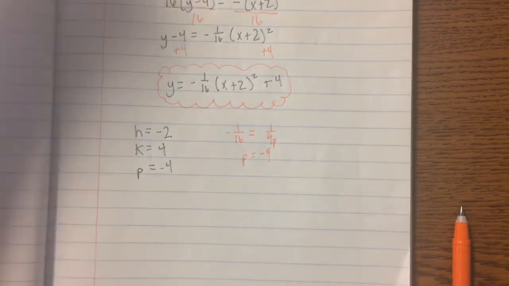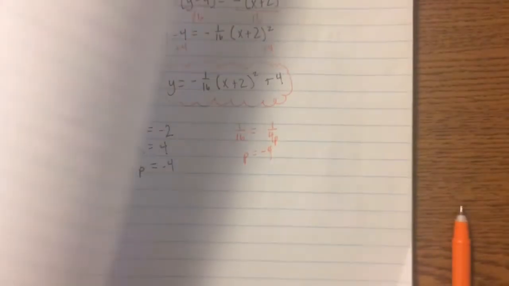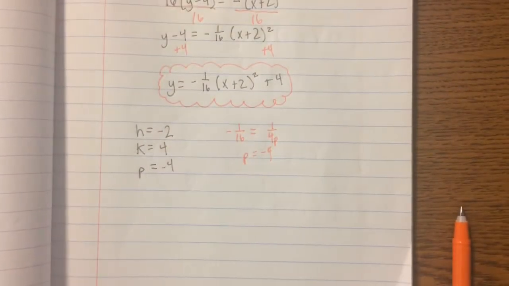Let me make sure I wrote it correctly. So how do I know which way the directrix goes, vertical or horizontal? So we have a negative where p was, so wouldn't it be going down? Okay, so you've got the right answer to a question I didn't ask, right?